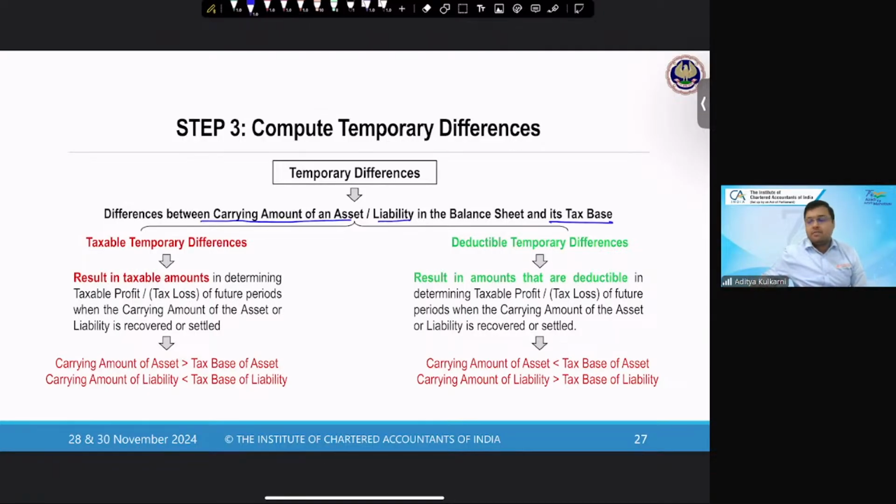I have already explained to you what is a deductible temporary difference and what is a taxable temporary difference. A taxable temporary difference gives rise to tax payments in the future, and results in taxable amounts in future periods. And just a minute. Yes, sir. Good.